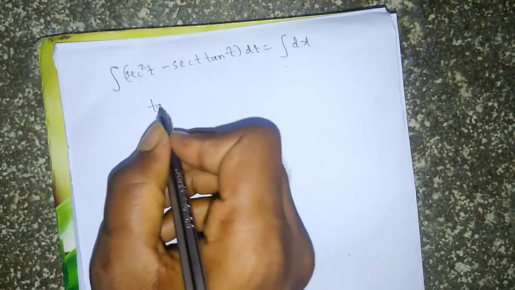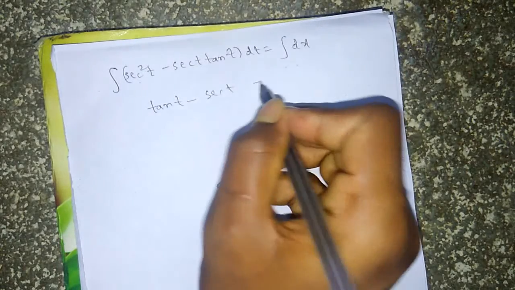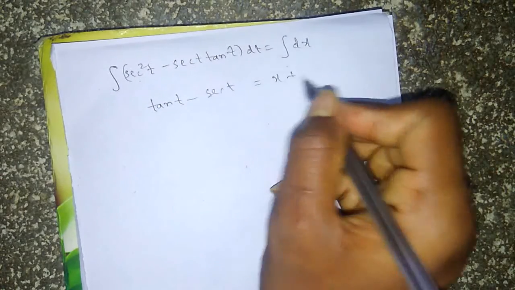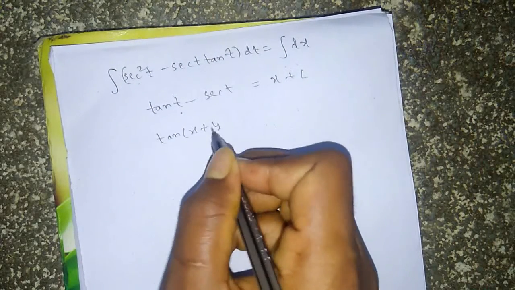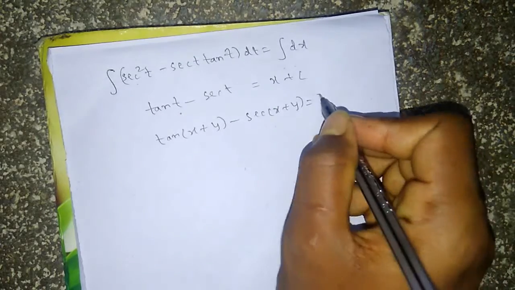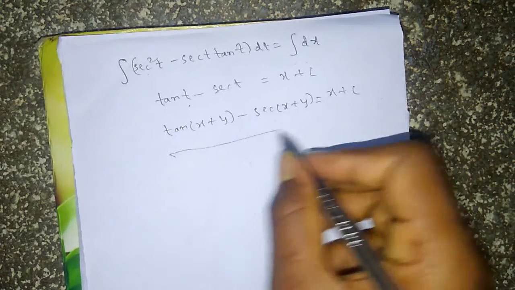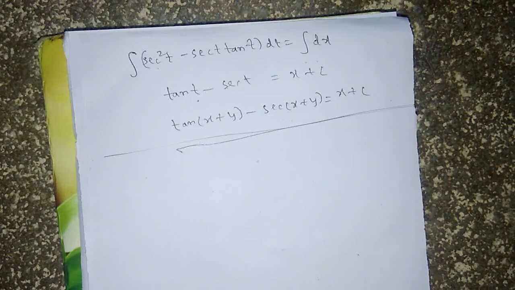Integration of secant square is tan t. Integral of sec t tan t is sec t. Integral dx is x plus c. Now t is equal to x plus y. Substitute it. Tan of x plus y minus secant of x plus y is equal to x plus c is the solution of our given differential equation.